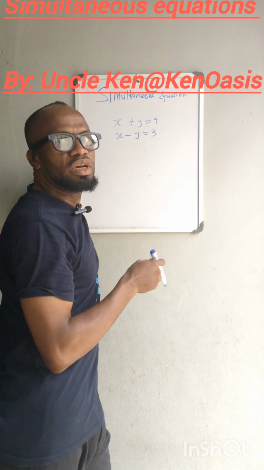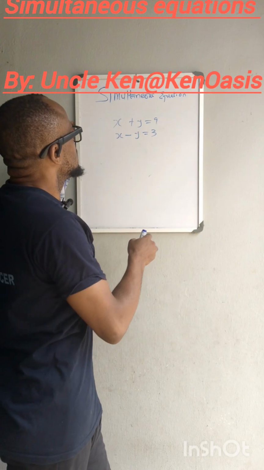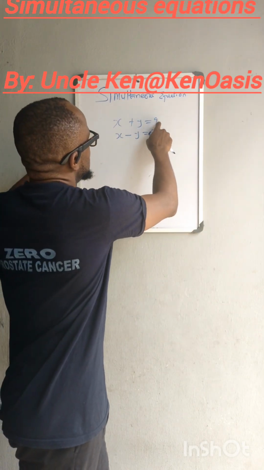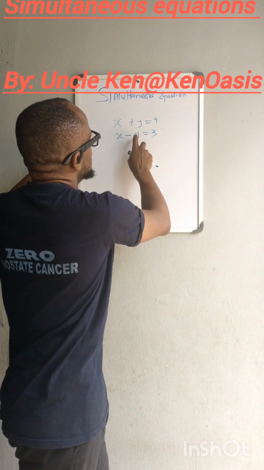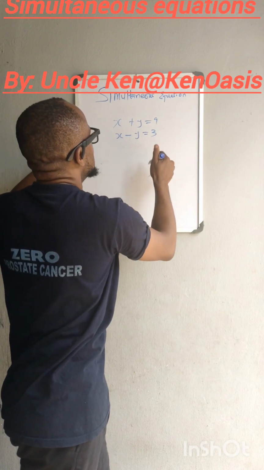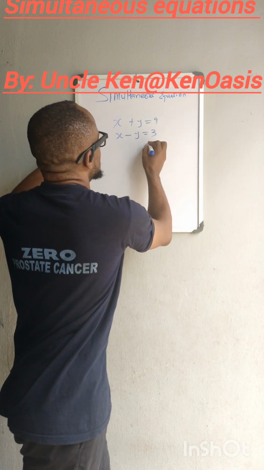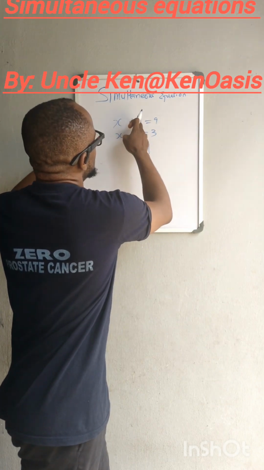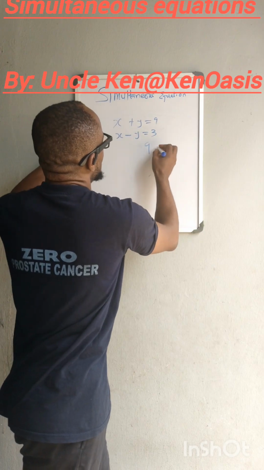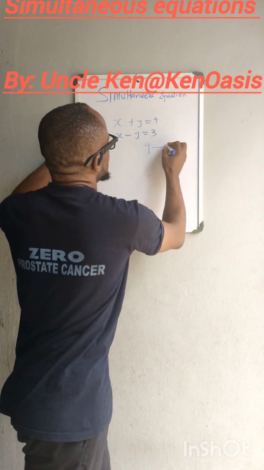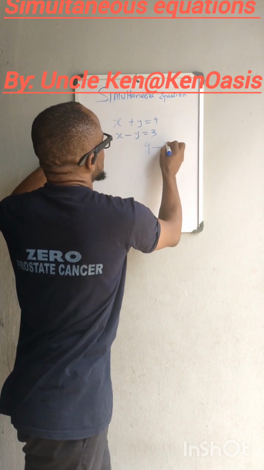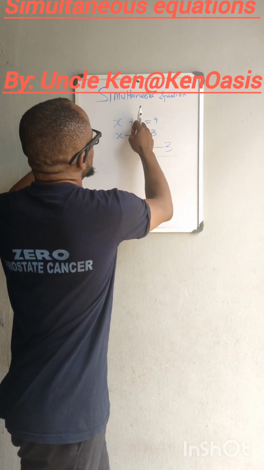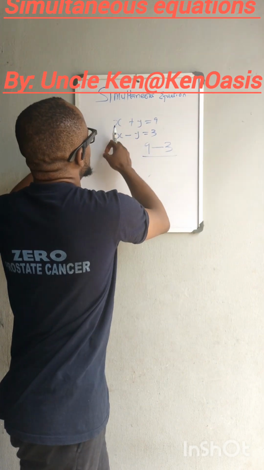This is the first way to solve it. Now we'll do cross multiplication. 9 times the coefficient of y here, which is 1. So 9 times 1 is 9. Now minus 3 times 1, because the coefficient of y here is 1, so 3 times 1 is 3, over the coefficient of y here, 1, times the coefficient of x here, 1.